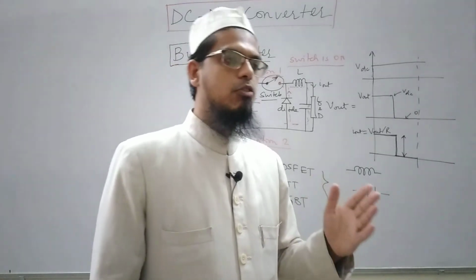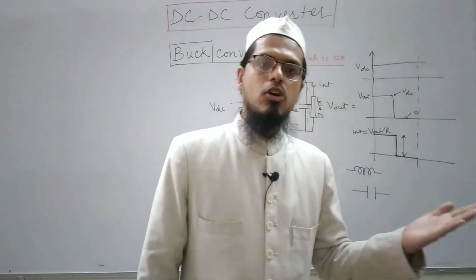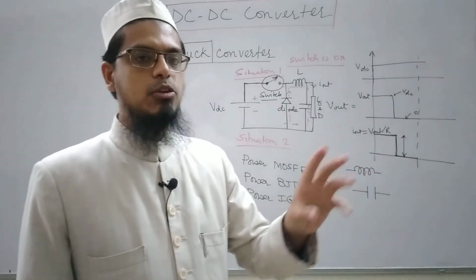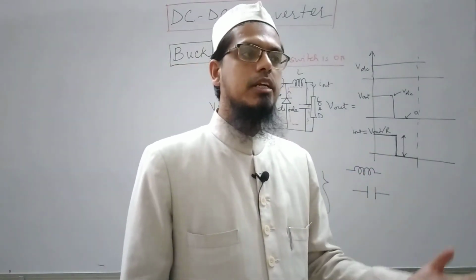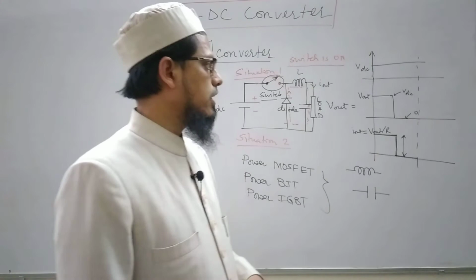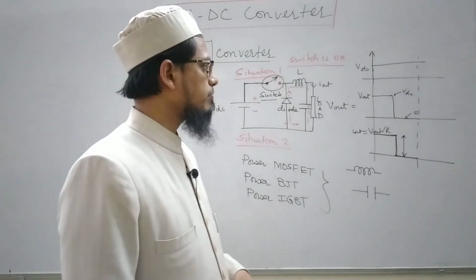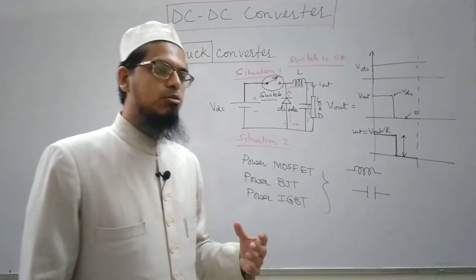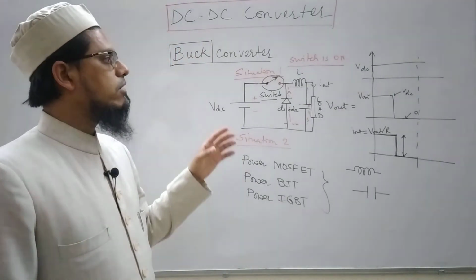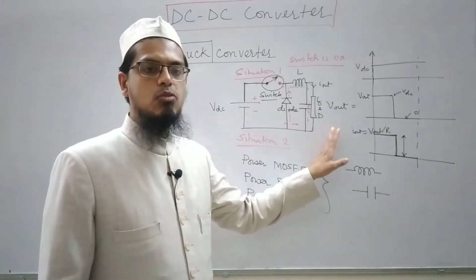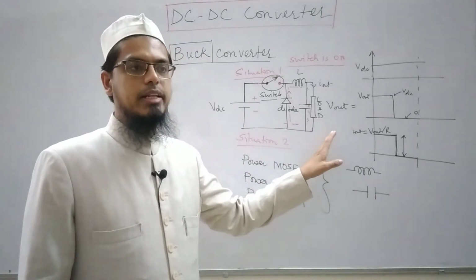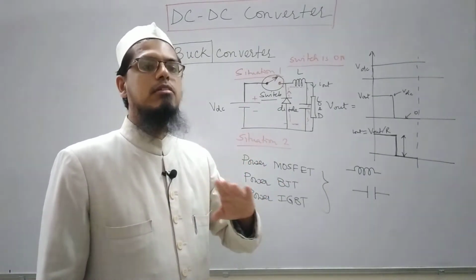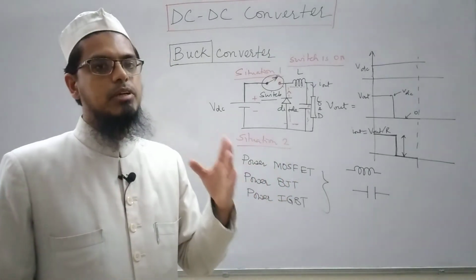For example, for 5% voltage tolerance, we will have this much capacitor, which can be calculated from a formula we will derive in a future lecture. Right now let me just derive the relation between input and output voltage, and then we will stop at that point, and the rest of the analysis will be taken up in the next lecture.